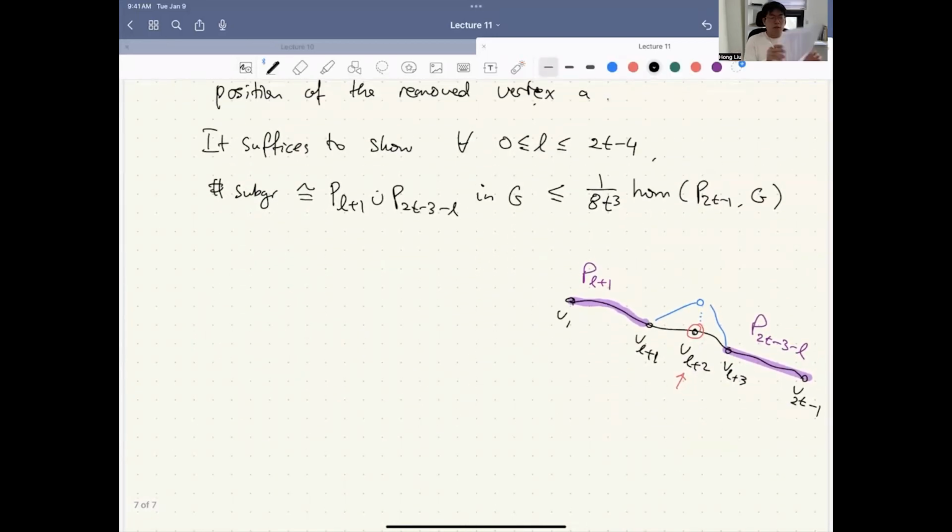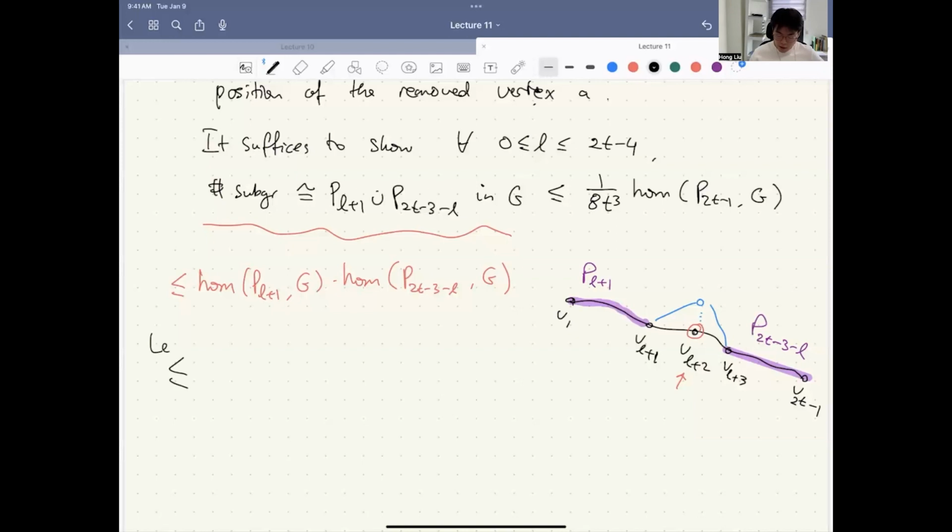And this is just an application of this lemma. This quantity, the number of such copies, obviously is at most the number of homomorphisms of P_{L+1} in G times the number of homomorphisms of P_{2t-3-L} in G. And then we use the lemma of Erdős and Simonovits comparing homomorphisms of paths of different length.